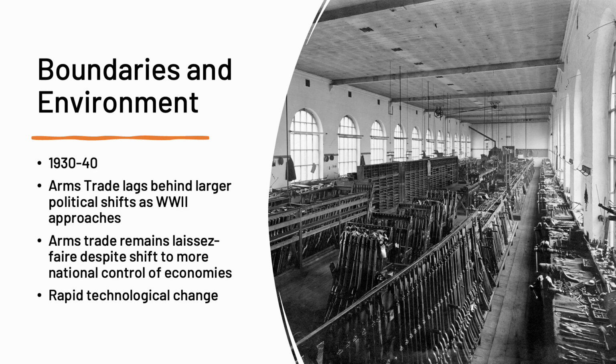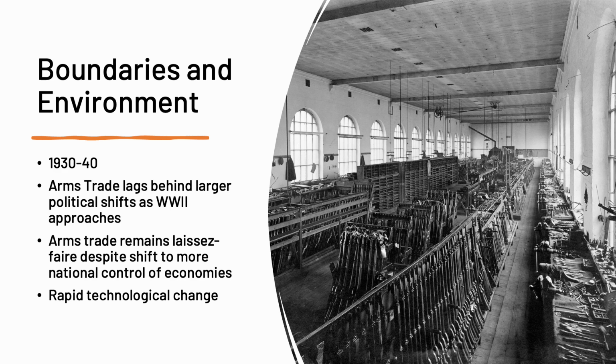We also have to remember that there's a rapid technological change going on in this period. From 1930 to 1940, the speed of planes is almost doubling every 5 years, right? The types of weapons, you're going from bolt action to semi-auto.